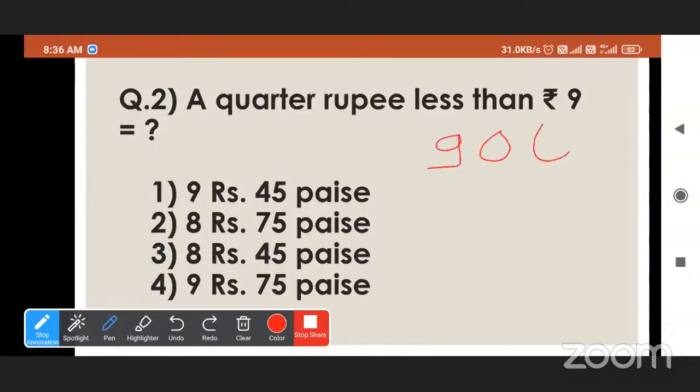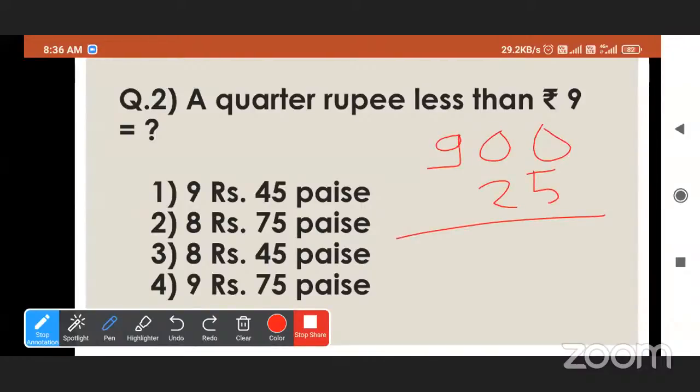Okay. And a quarter rupee means how many paisa? It is not 50 paisa, it is 25. Half means 50 paisa and quarter means 25 paisa.